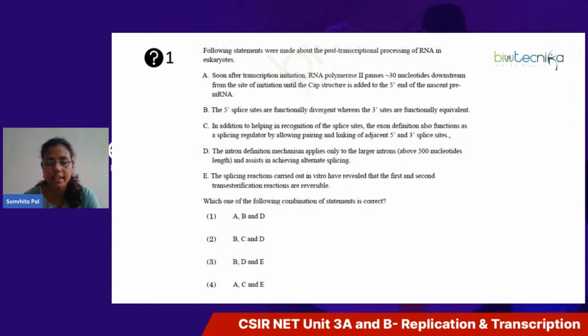As we know, eukaryotic RNA definitely has to undergo some post-transcriptional processing, and there are many kinds of processing that take place, of which capping, polyadenylation, and splicing are the normal ones. Apart from that, you have other specific processing also. So read the statements very carefully and select the correct combination of statements.